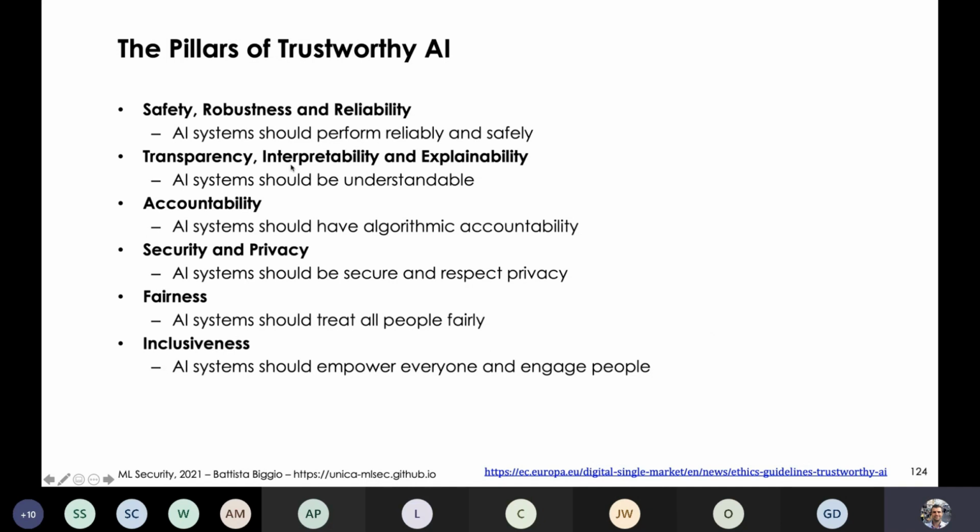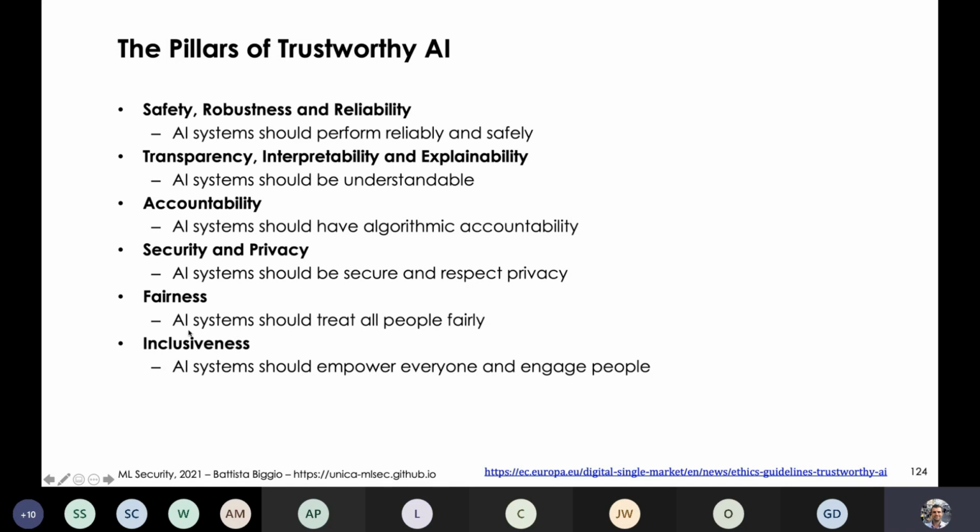All right, so as we have seen so far, safety, robustness, and reliability is one of the pillars of trustworthy AI, as well as explainability that you see here. So the fact that we can explain to people why certain decisions have been made by the algorithm, but then there are other issues which need to be taken care of. Fairness is about the fact that we should treat all people, minority groups, fairly.